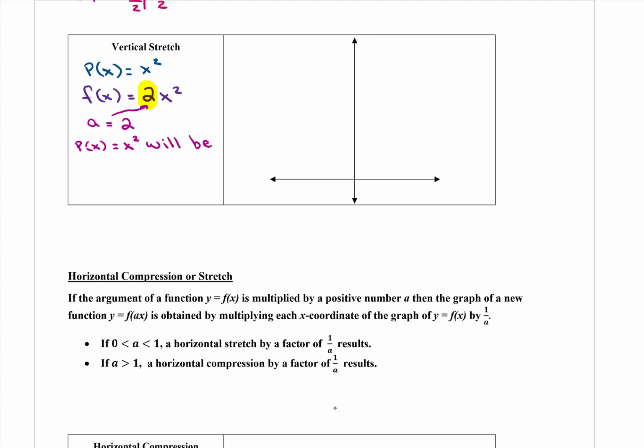Okay, so let's go ahead and write down the transformation. P of x equal to x squared will be vertically stretched by a factor of 2.